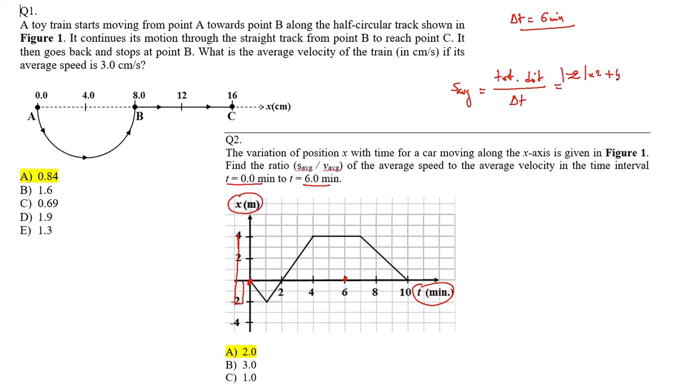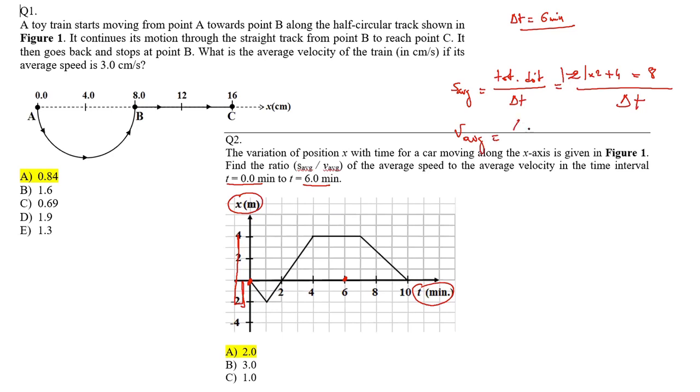Basically, I'm covering a total distance of 8. I go from 0 to minus 2, then I come back to 0, and then I go to 4. So the total distance is 8. The delta t is delta t. It's 6 minutes anyway.